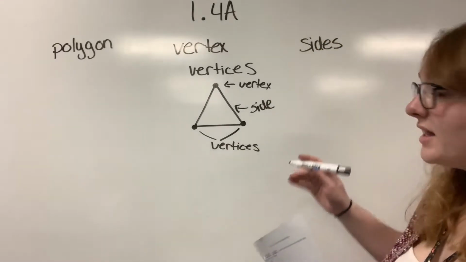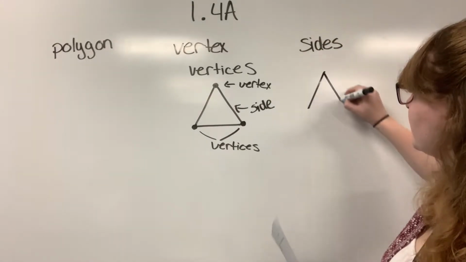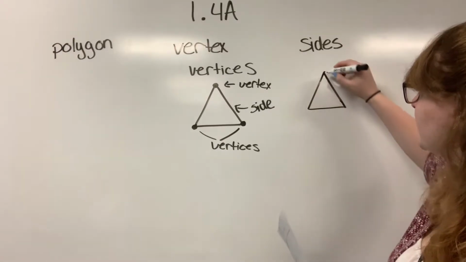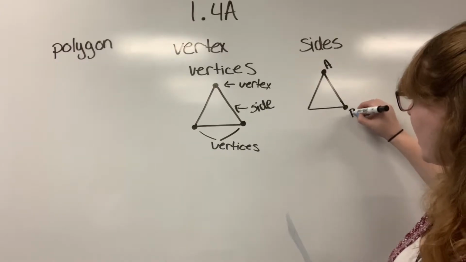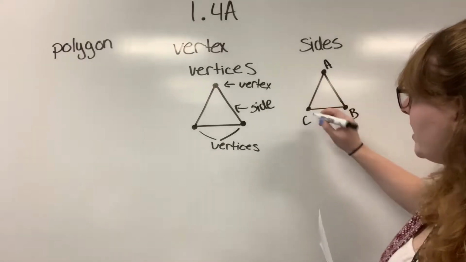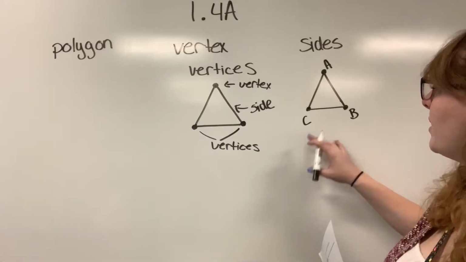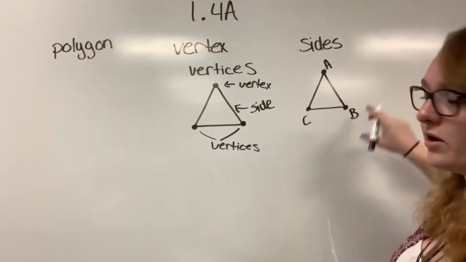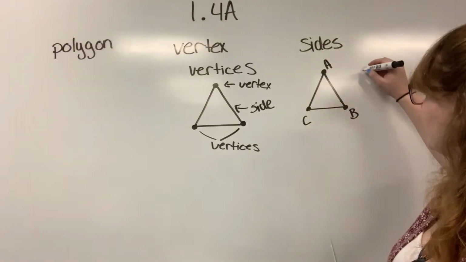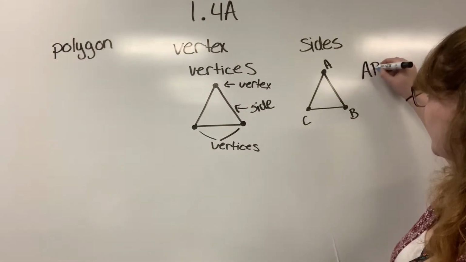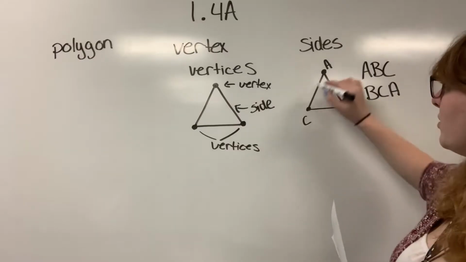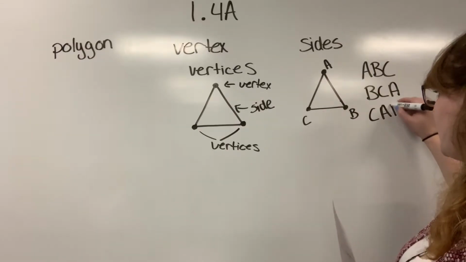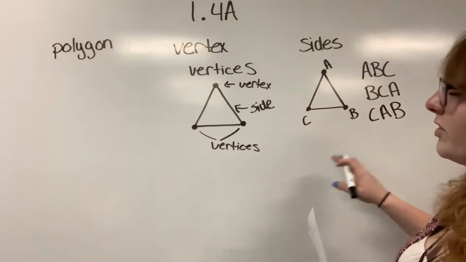If your polygon has letters, has points on its vertices, so let's just say that these vertices are labeled A, B, and C. We can name this polygon by just picking a point and going around. So this could be ABC, this could be BCA, could be CAB, or you could go the other way around.